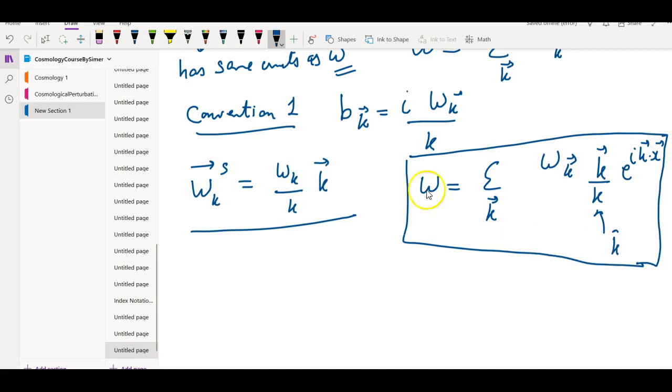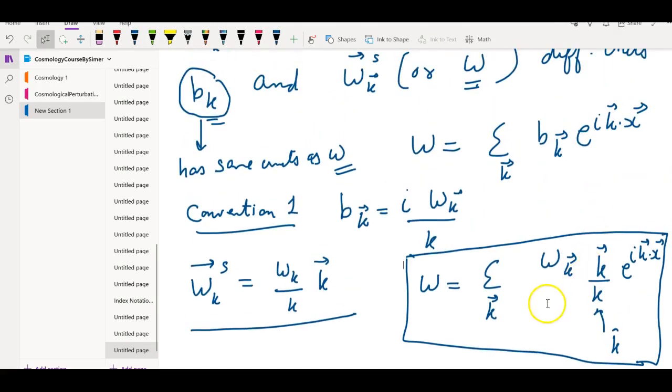And this is what we will use when we have to replace the potential with the value in the k space. And one second, there is something not right, because on the left hand side we have a scalar, but on the right hand side this is a vector.